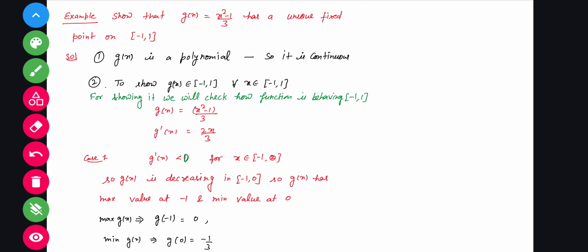If the highest and lowest values are in the range of this interval, minus 1 to 1, then all g of x belongs to minus 1 to 1 for all x belongs to minus 1 to 1.